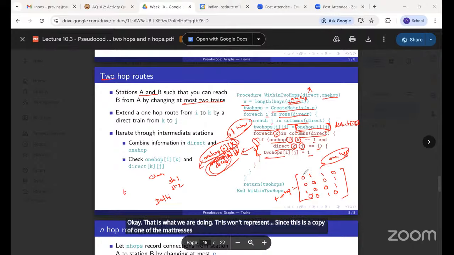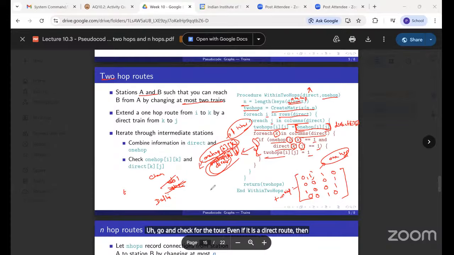This one represents that there is a route from A to B through one intermediate station. I don't mind whether there is an intermediate station or not. If I'm able to reach through one intermediate station in the two hop matrices, it's well and good, and I don't need to go and check for two hops. Even if it is a direct route, it will also be covered. So I just took a copy to ease my purpose.